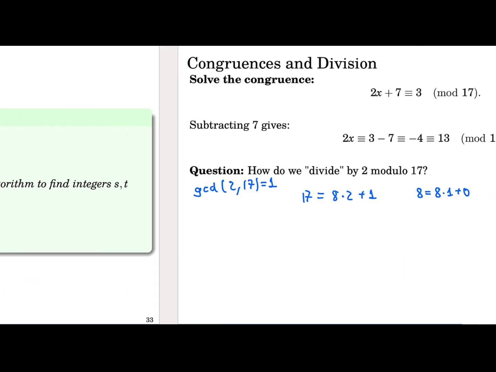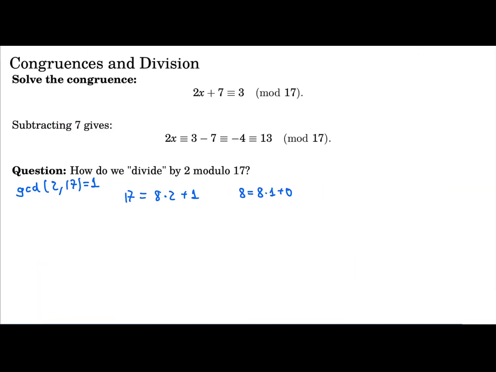So when we do the extended Euclidean algorithm, we do back substitution. In this case, there's only one equation, so we just write 1 equal to, and we rewrite these to the side. So 1 is going to be equal to 17 plus minus 8 times 2.